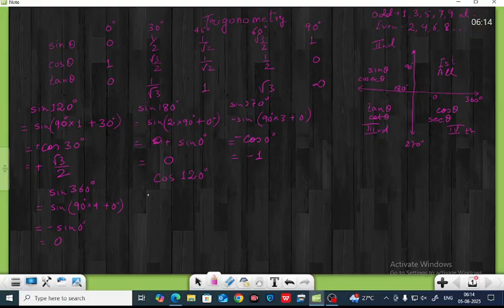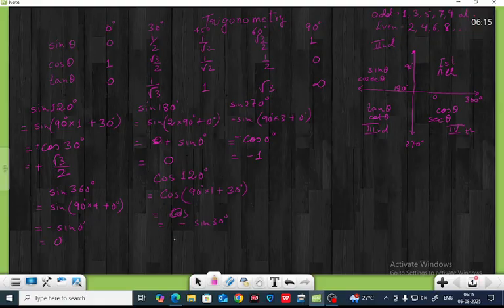In the same way, we can write that cos 120 is cos of 90 into 1 plus 30 degrees. Since it is 1, it will be changed into sine. It will be sine 30 degrees. And the value of cos in the second quadrant is negative.